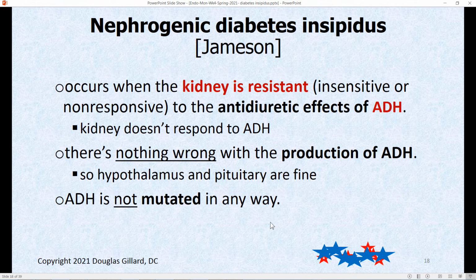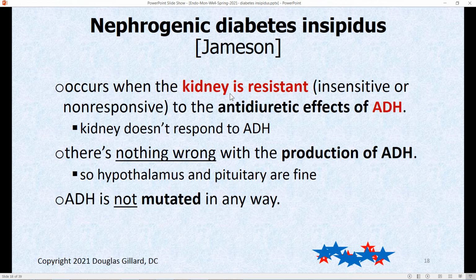All right, now we have nephrogenic diabetes insipidus. This is a different story. Nephro, that's for kidney. So this is something wrong with the kidney. The kidney is said to be resistant or insensitive or non-responsive to antidiuretic hormone. There's nothing wrong with the hypothalamus or pituitary.